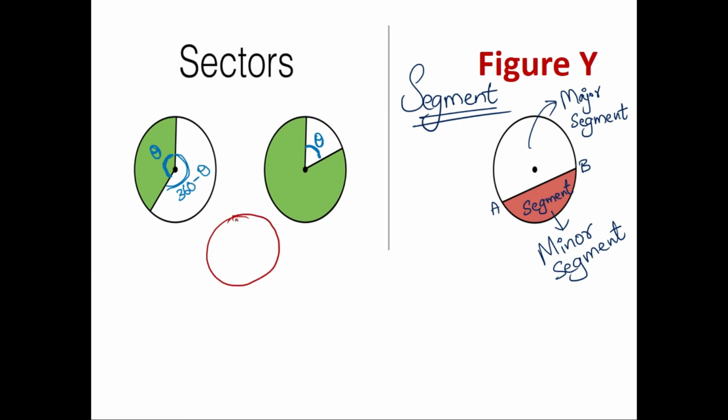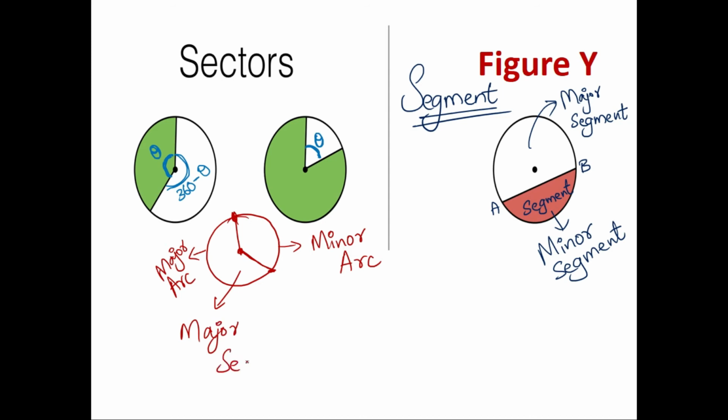Now in a sector, it's the arc that divides the circle. You have the major arc, the minor arc. This is the major sector, and this is giving you the minor sector.